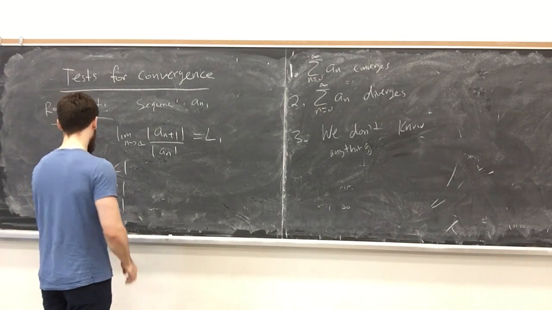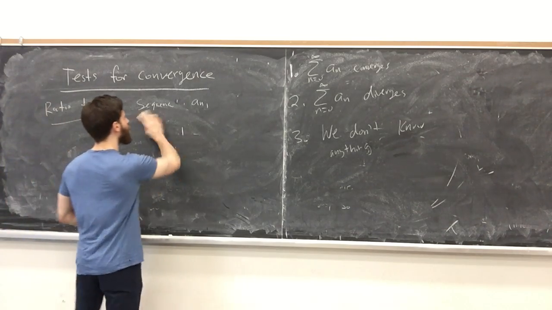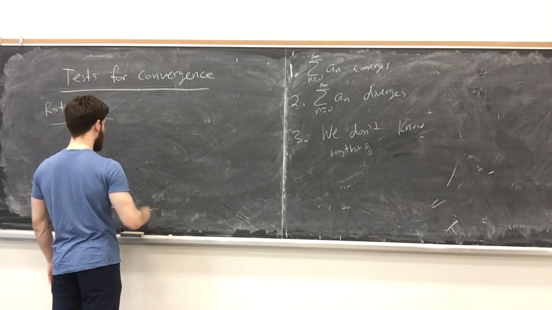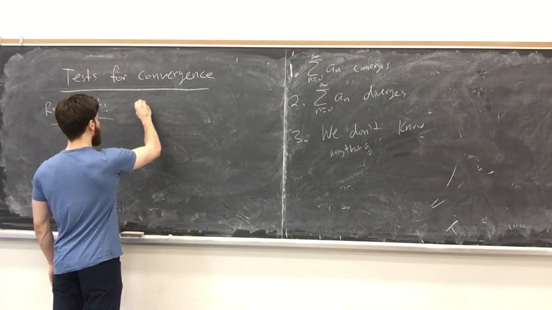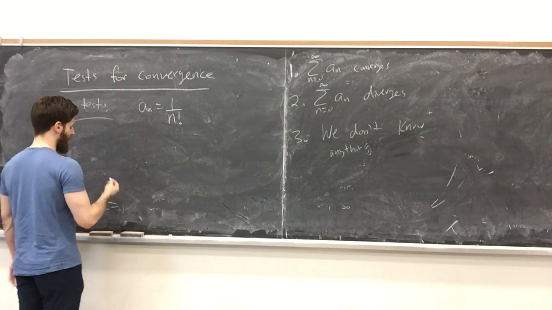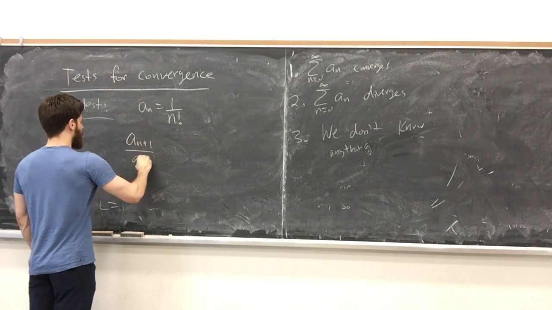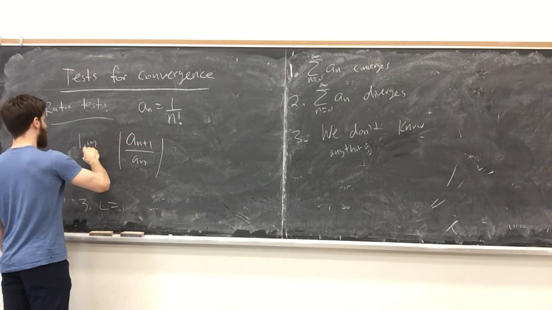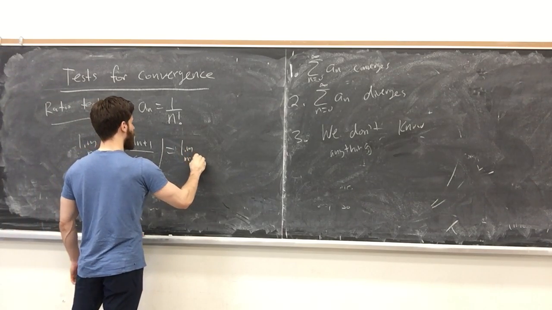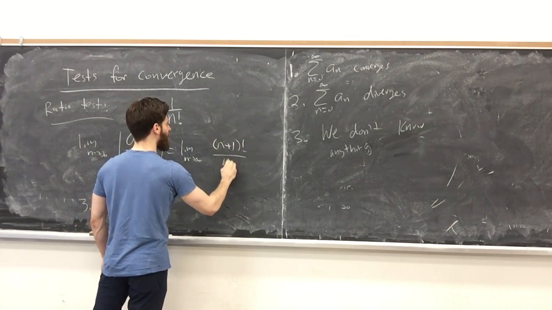So what's an example of this? A simple example: let a_n be 1 over n factorial. Then this limit is the limit as n goes to infinity of (n plus 1) factorial divided by n factorial.